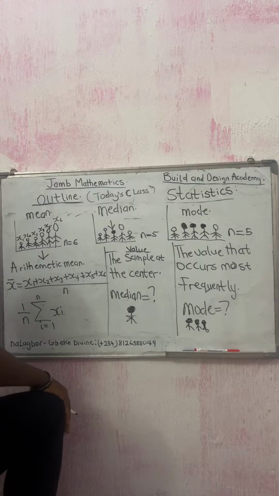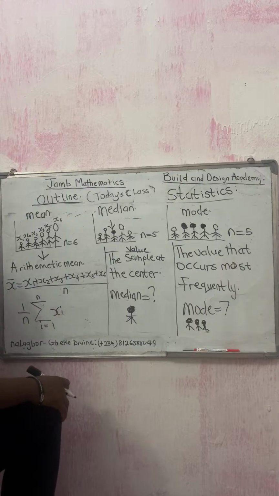So there's what we call measure of dispersion, which means the amount of space between values. We also have what we call variance and standard deviation. We have what we call range, and we have what we call interquartile range.